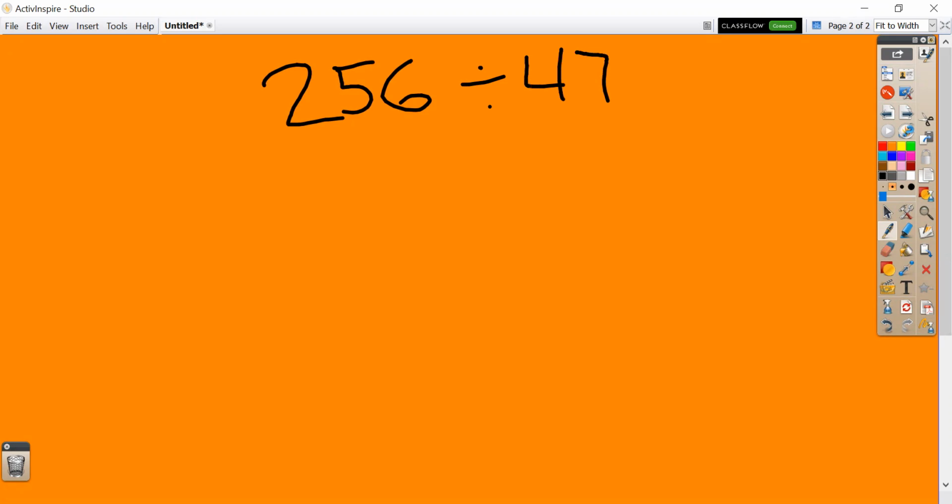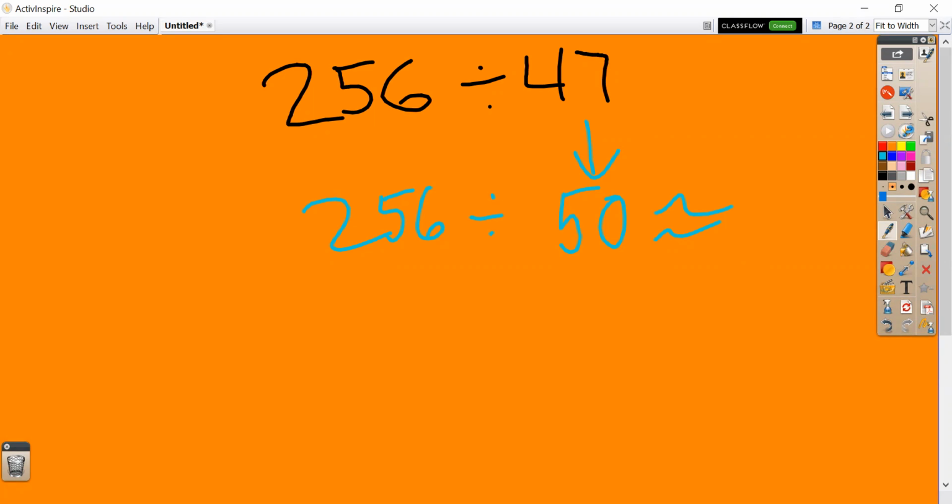Now we're going to use our estimating skills to help us figure out a starting point of what we should divide by. So remember, we round the divisor, so that would go to 50. And so we're looking at trying to figure out approximately what 256 divided by 50 would be? And that's what we're going to start with and see if we can work from there.